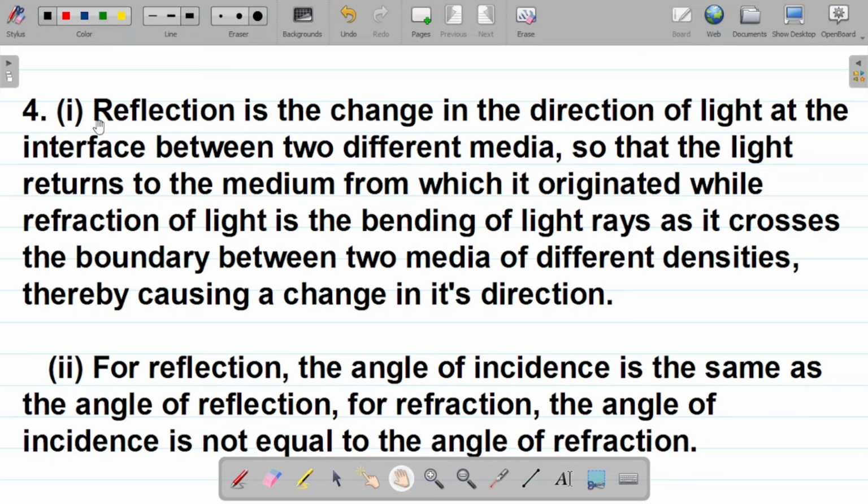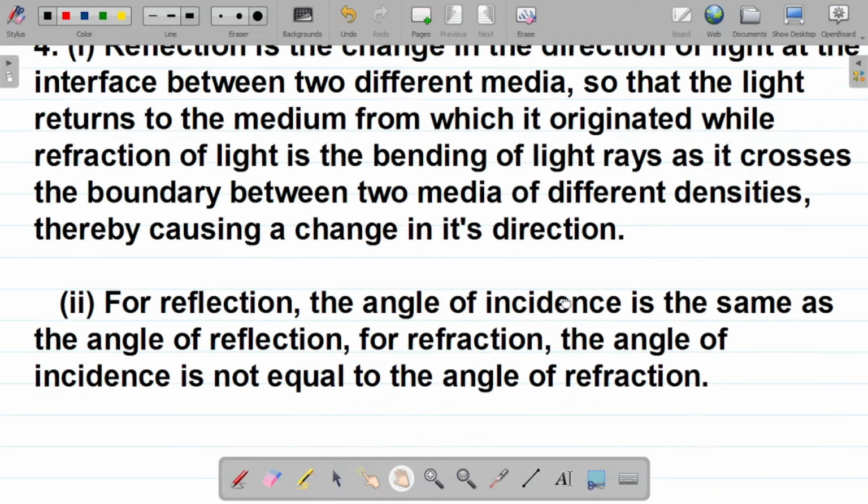Your answer is this: number 1, reflection is the change in the direction of light at the interface between two different media, so that the light returns to the medium from which it originated, while refraction of light is the bending of light rays as it crosses the boundary between two media of different densities, thereby causing a change in its direction. So that's one of the differences.